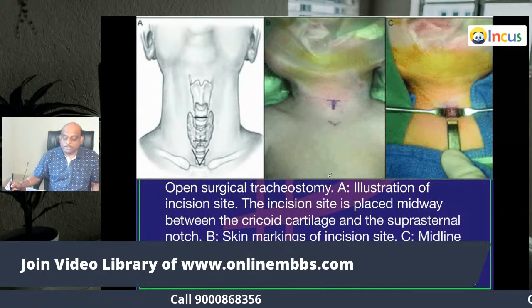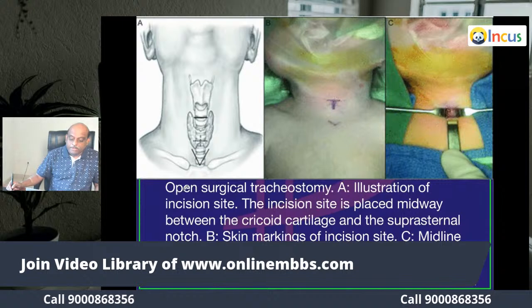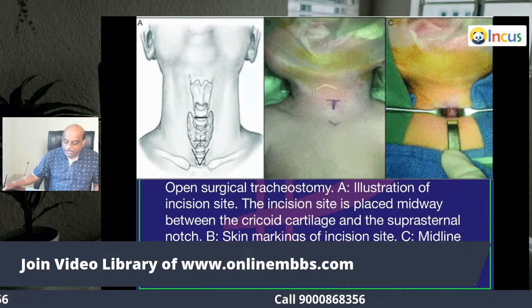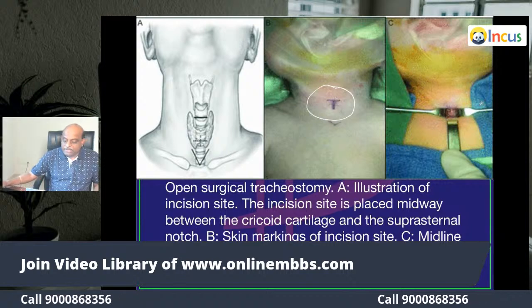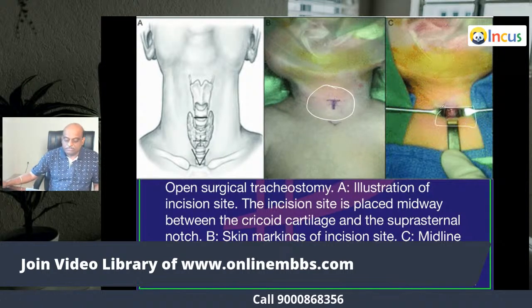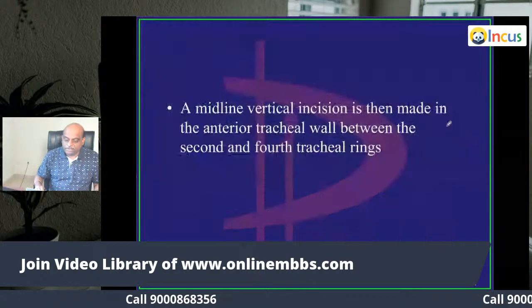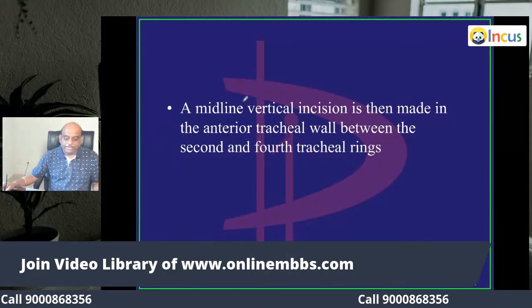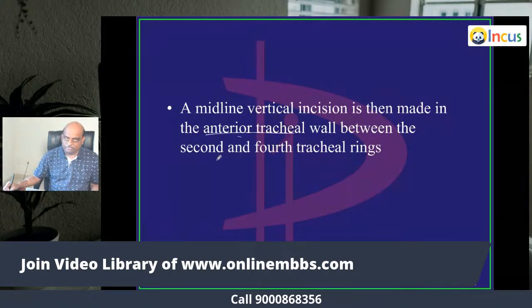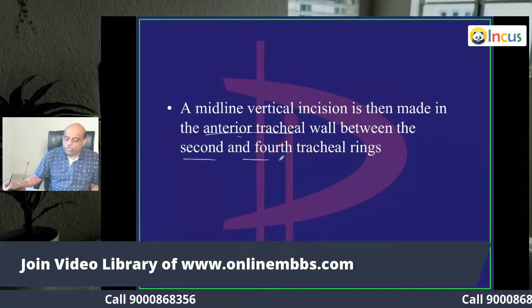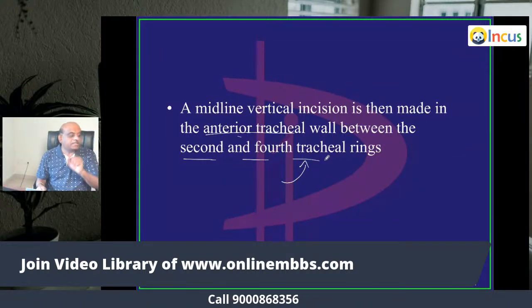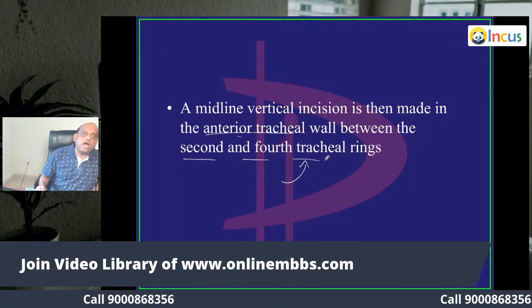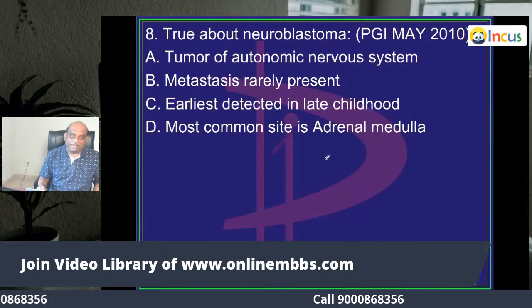So you should not forget, typically the skin markings of the incision site and the midline dissection, and typically the anterior tracheal wall between the second and fourth tracheal rings, you will make a vertical incision in pediatric tracheostomy, is what you need to remember.